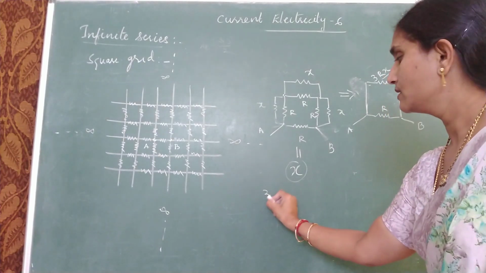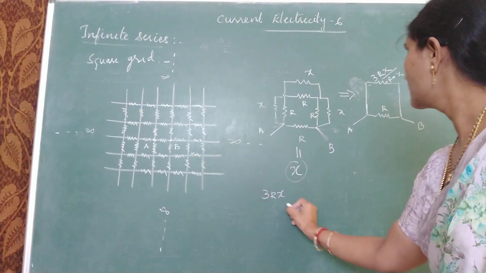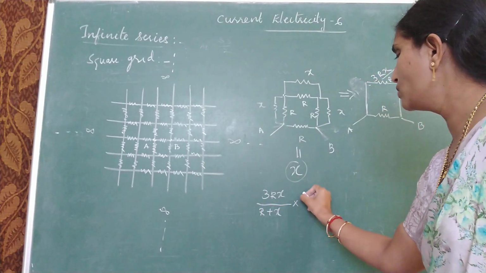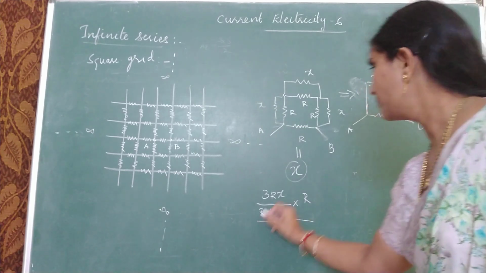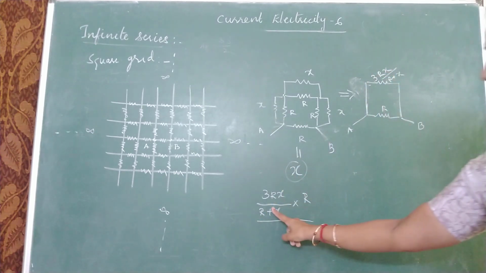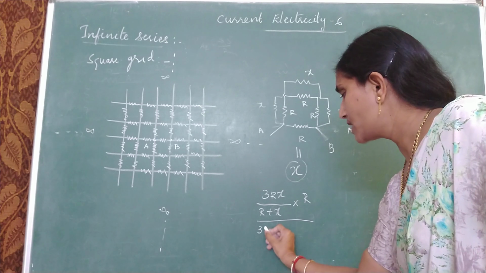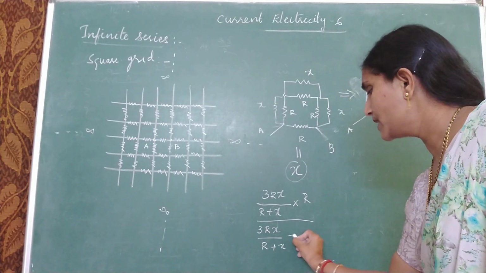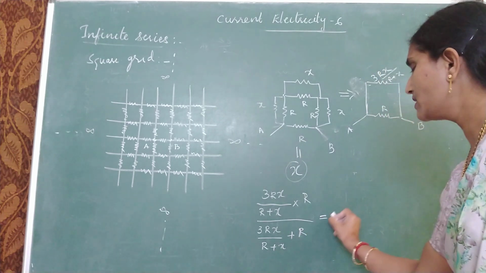Okay, here I will write 3Rx by R plus X, into R by parallel combination, product by sum, plus R. What are we expecting the answer to be?